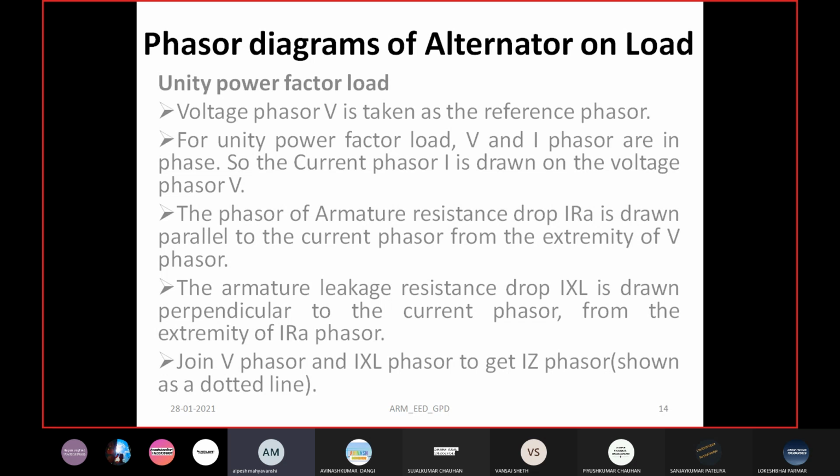Now next is the phasor diagram for unity power factor load. We assume that the load connected to the alternator is of unity power factor type. So how can we draw the phasor diagram for a unity power factor load? First of all, we have to take the voltage phasor V as a reference phasor.